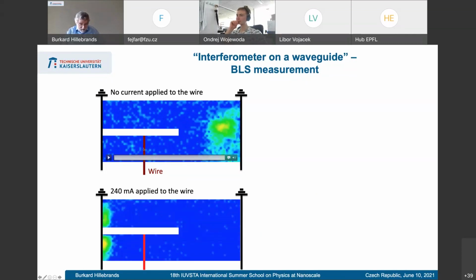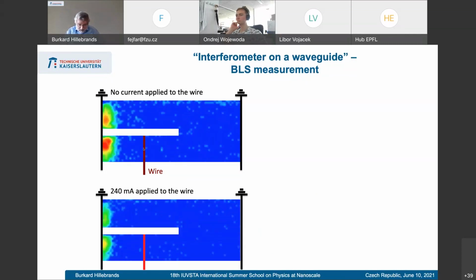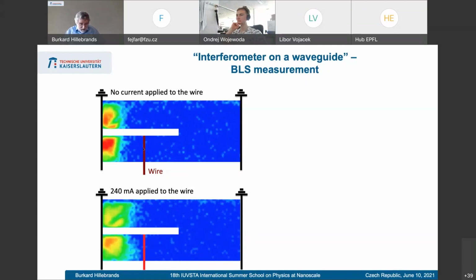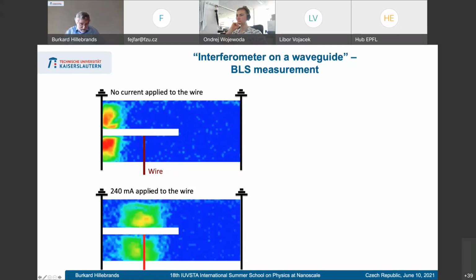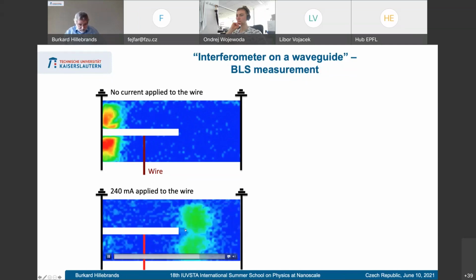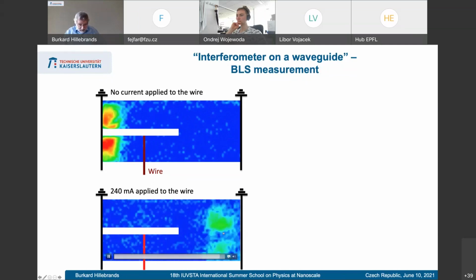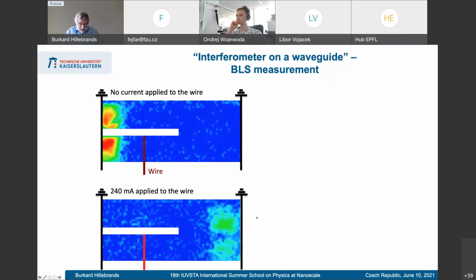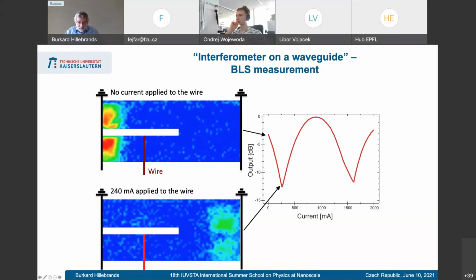Then you see now in this case, again, you cannot see anything because you only observe the intensity. But if now these two pulses interfere, you see we get a dark region between these two pulses. So we get destructive interference where the two peaks would like to overlap. So if we translate it into the output, we get a minimum if we have destructive interference, and we get a maximum for constructive interference.